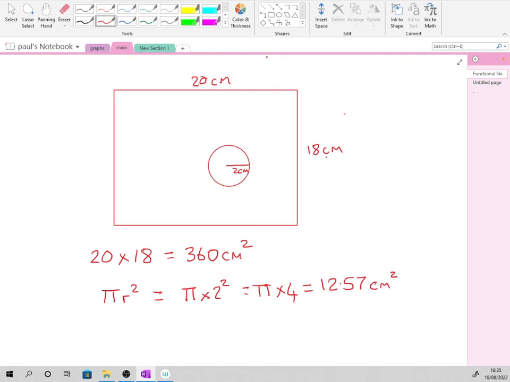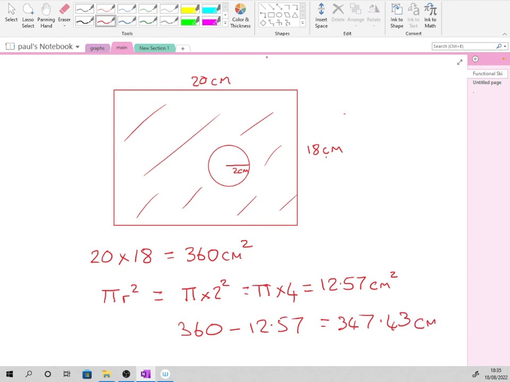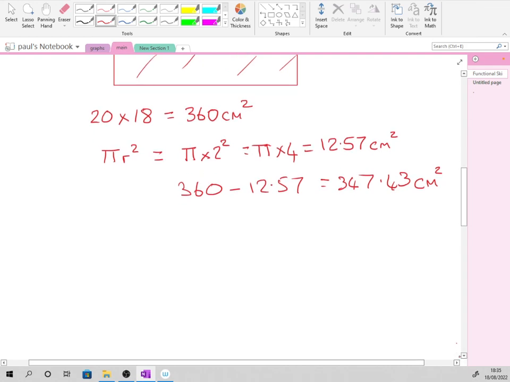So to find the area of the bit that's left, we do 360 minus 12.57, which is 347.43 centimeters squared. Now, I think I've made the error of rounding before I got to the end.